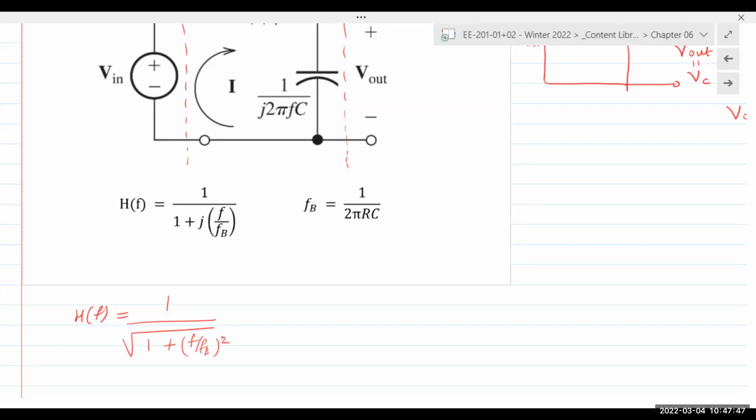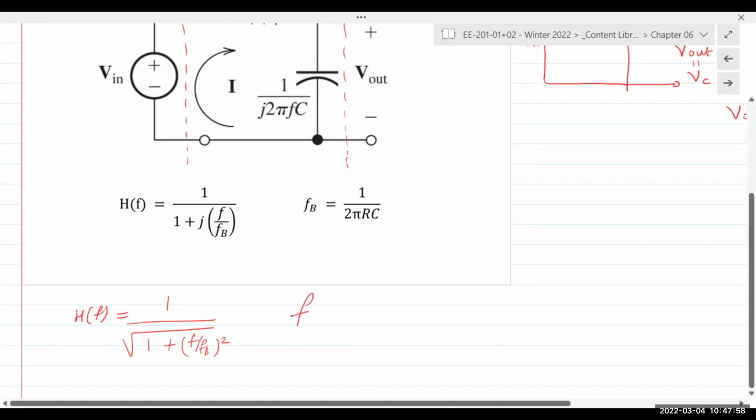FB is a constant, and a circuit designer can choose FB depending on the values of R and C. And that FB stands for break frequency, or it also stands for FC, the cutoff frequency.